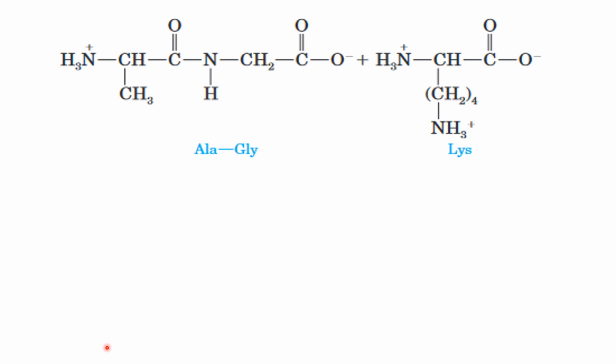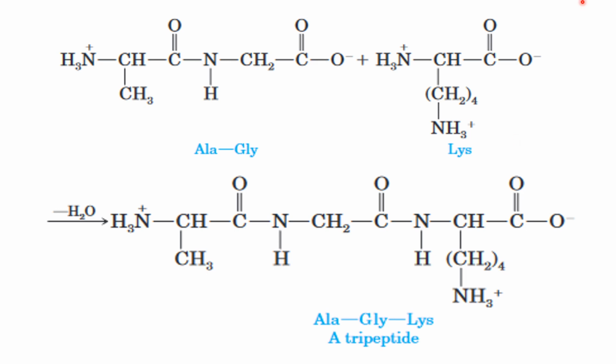The previous slide showed formation of a dipeptide. We can, of course, add a third amino acid to alanylglycine. Like, for instance, we can add lysine. Then the product is a tripeptide.